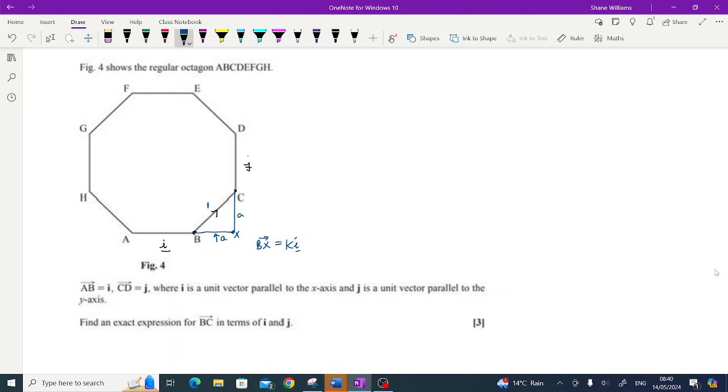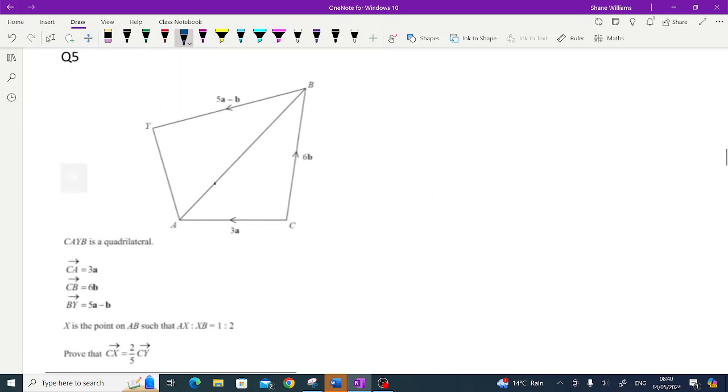If this one is a length of 1, then this should be 1 over root 2 or root 2 over 2, and this one should be root 2 over 2. So in the end we find that BC equals root 2 over 2 i plus root 2 over 2 j. Underline our vectors. Okay, moving on.